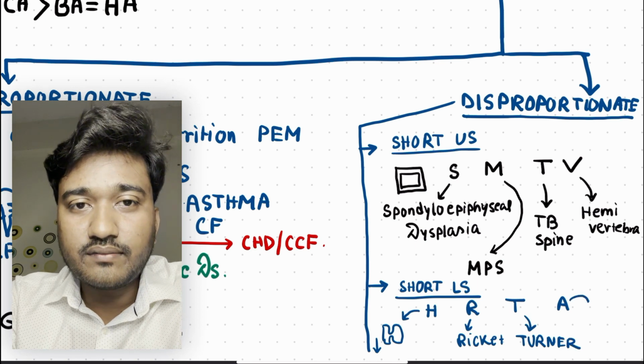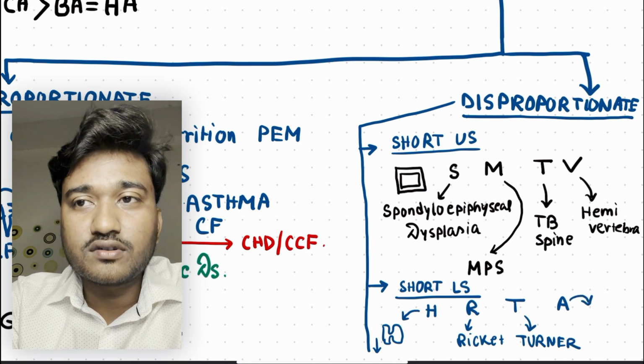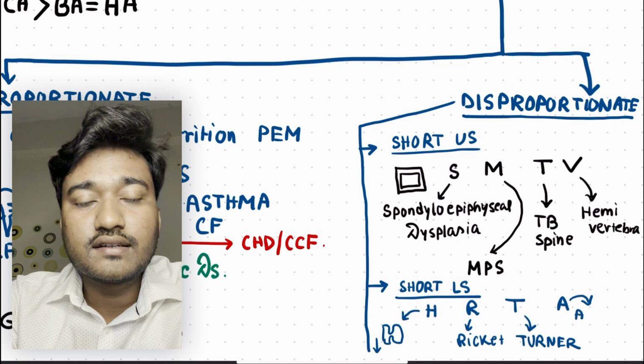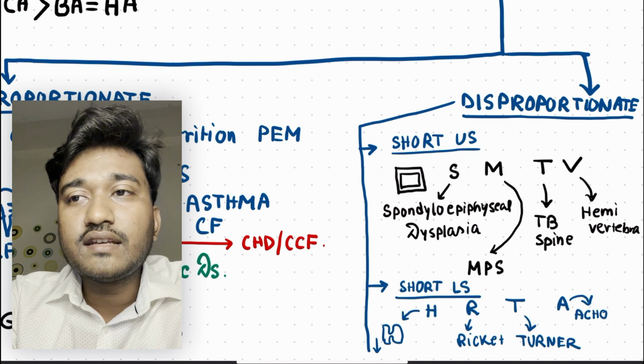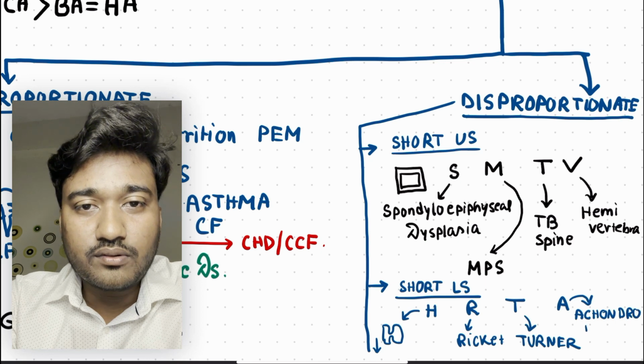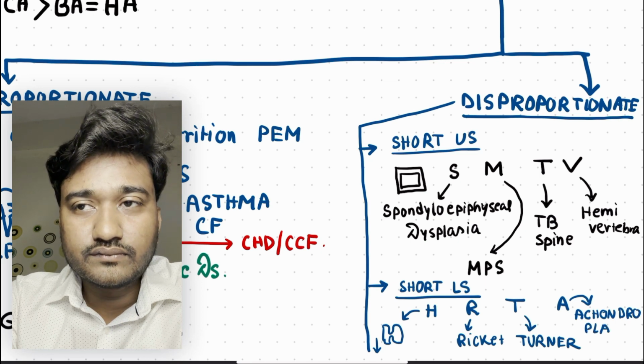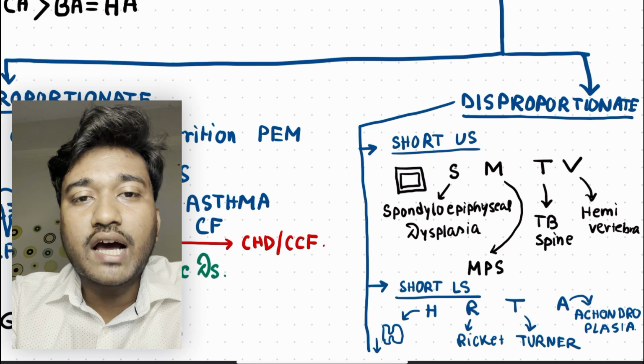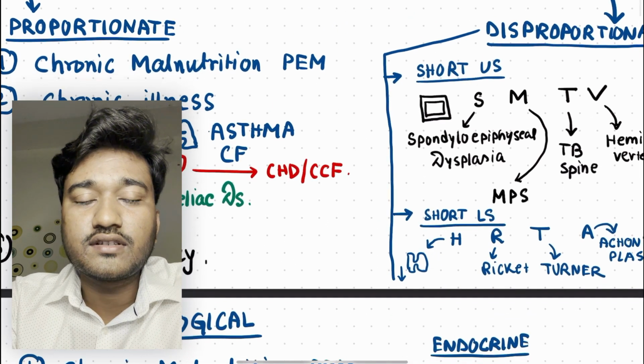In hypothyroidism there is short lower segment short stature, and R for rickets, and T for here your Turner syndrome, and A for achondroplasia. So hypothyroidism, rickets, Turner syndrome, and achondroplasia. Two formulas, small TV and hormone replacement therapy, HRTA.